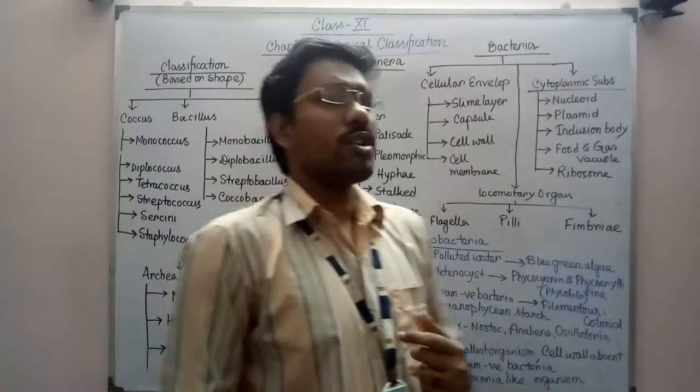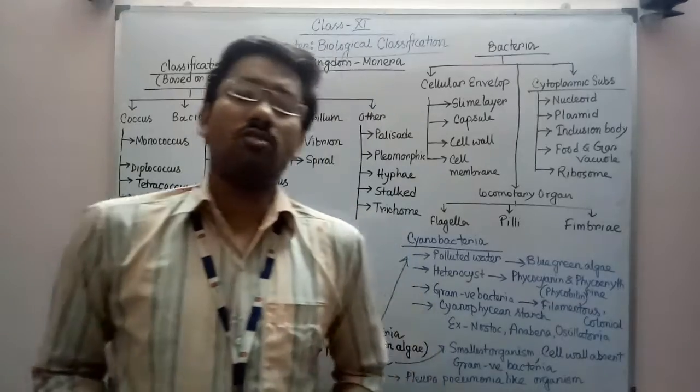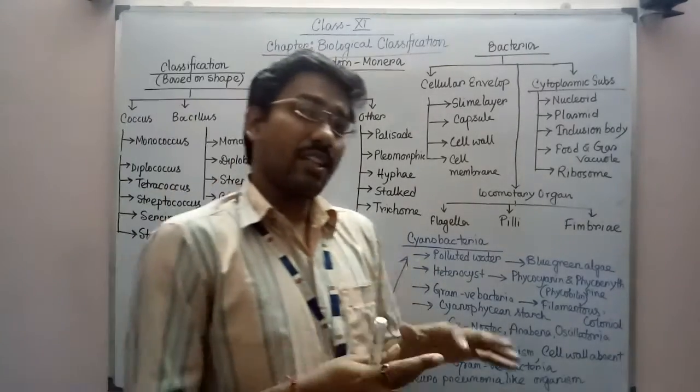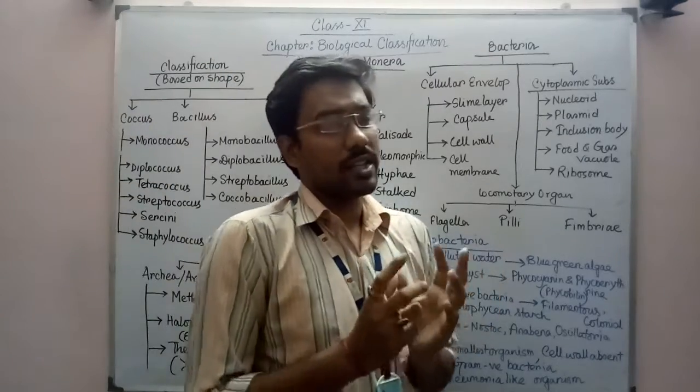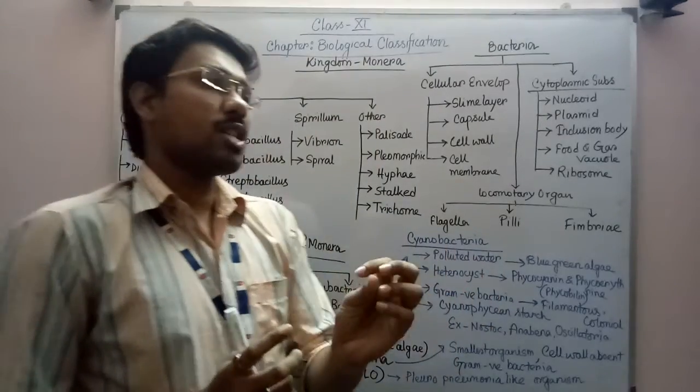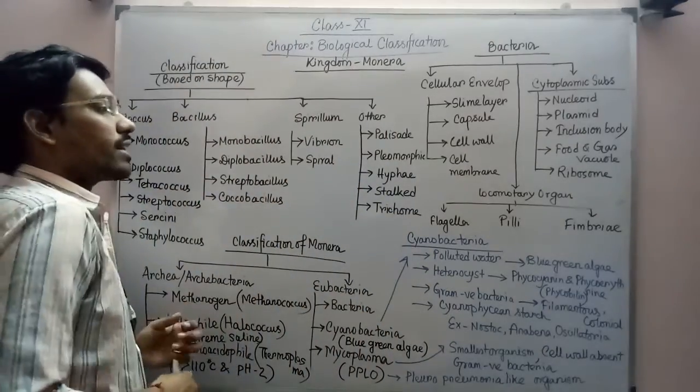Third one, inclusion bodies. What are inclusion bodies? Inclusion bodies are those specific structures, vesicles or vacuole-like structures, which store the excretory materials before release. When the time comes, these inclusion bodies fuse with the plasma membrane, and automatically the matter gets released outside. Then food and gas vacuole.